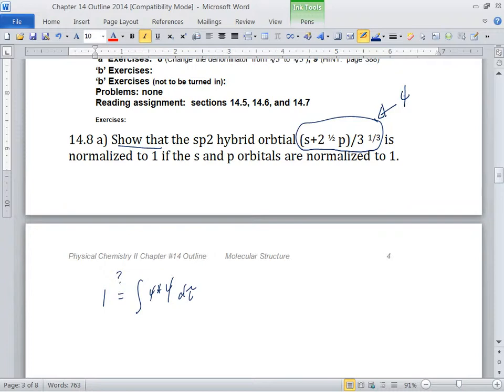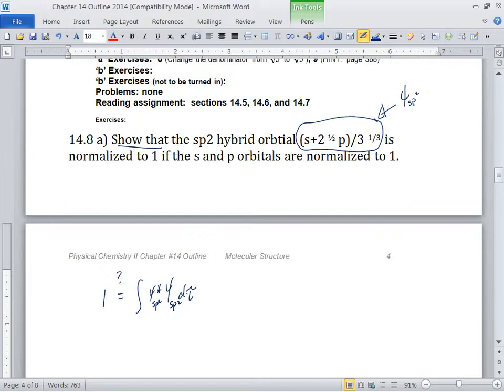Now they say it's of the sp2 hybrid orbital, so if you want to write a little sp2 on there, it makes it look better. Maybe subscripts kind of help, but maybe they don't. And the s and the p, we're not even looking at all the ugliness of it.